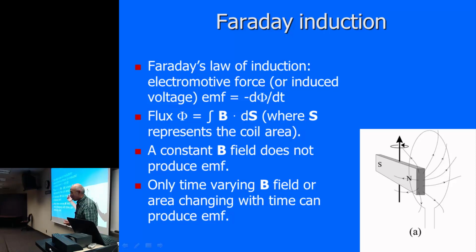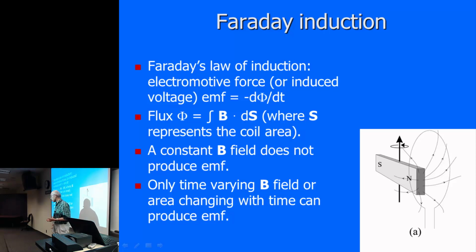All right, now we have the mathematical definition, and of course it's obvious that a constant B field doesn't produce any EMF. It doesn't produce electromotive force, or doesn't induce any voltage. So only a varying B field or an area changing with time can produce the EMF. What do I mean by that? If you look at this equation, anything that is changing as a function of time is going to give you EMF.